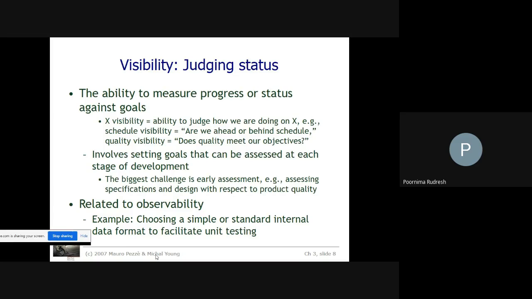Here we can use a variety of simple techniques to improve observability. For example, choosing a simple or standard internal data format to facilitate unit testing, or we can go for HTTP or SMTP messages, which are based on the exchange of simple textual commands. There we can check the observability.